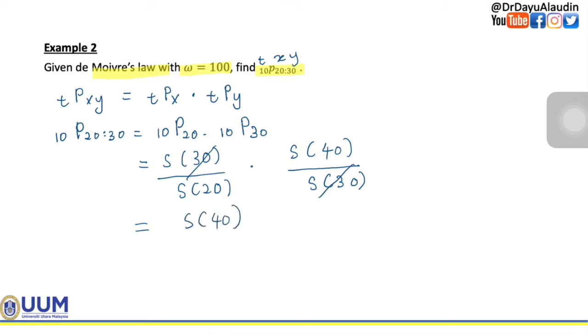S40 over S20 equal to 60 over 80, and we simplify and we get 3 over 4. So remember, this is probability, so the value must be in range of 0 until 1.